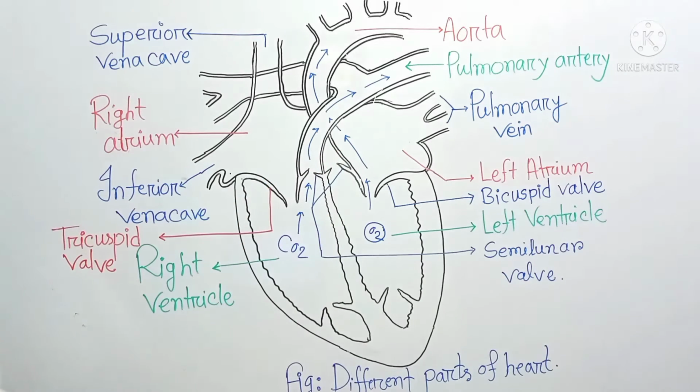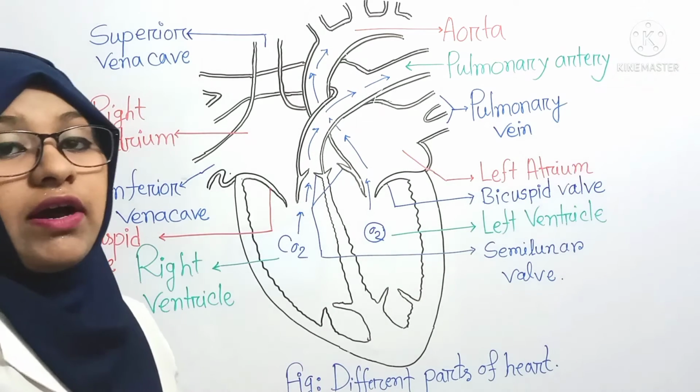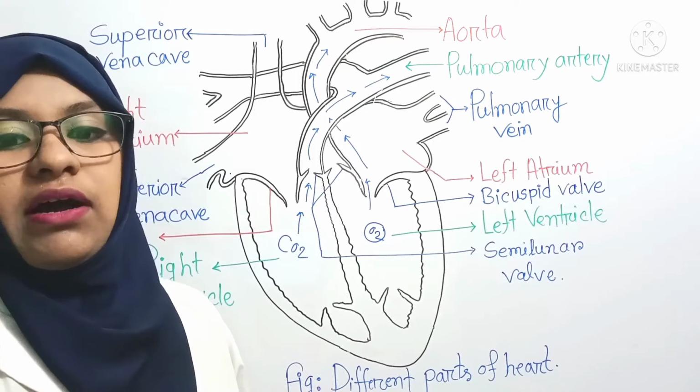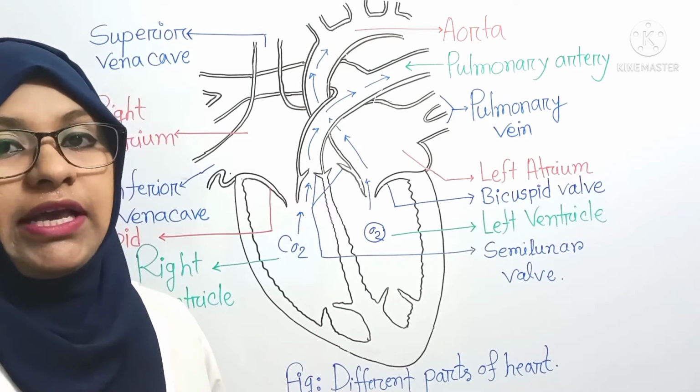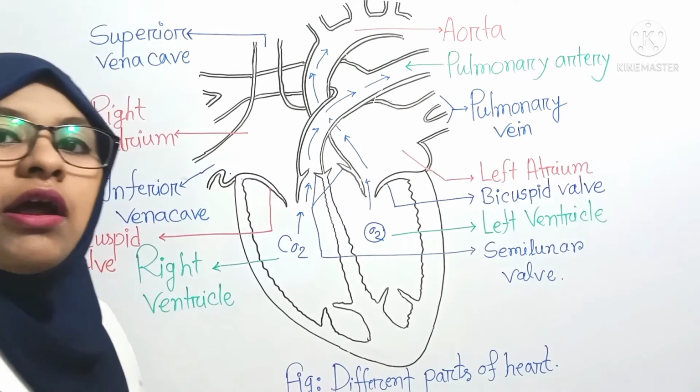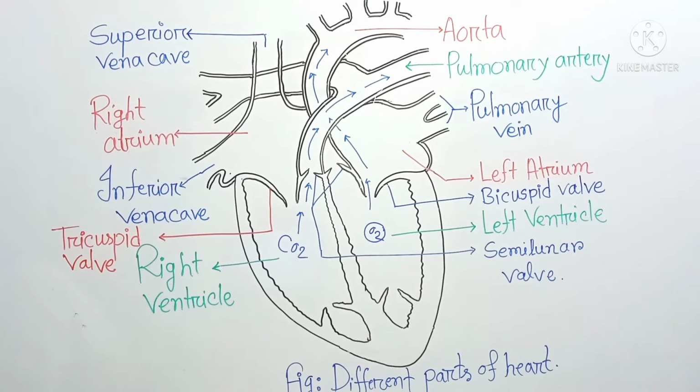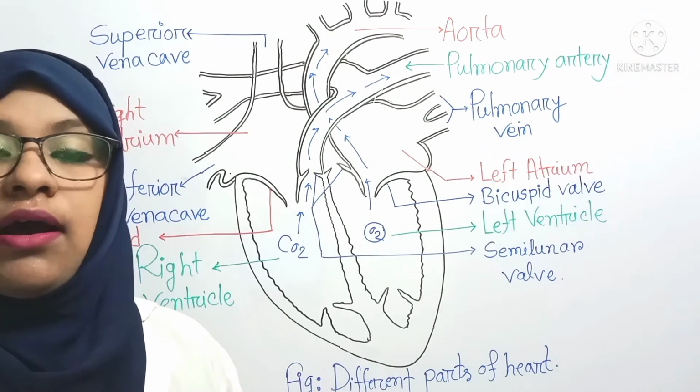And carbon dioxide rich blood again reaches the right atrium from capillaries through different veins and the vena cava. The heart circulates blood to the different parts of the body by expansion and contraction in a rhythmic way. Okay, now I am going to discuss the heartbeat.